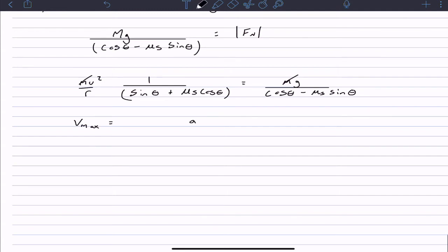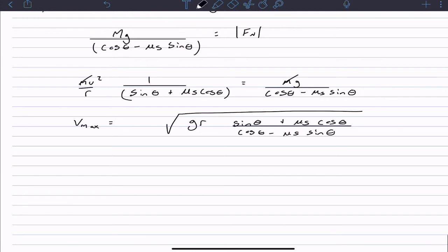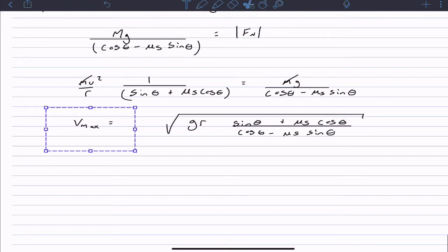We're going to have g times r times sine theta plus mu s cosine theta, all over cosine theta minus mu s sine theta. This is all under a square root. So that's V max. This is how fast we can go before this thing starts slipping off the ramp.